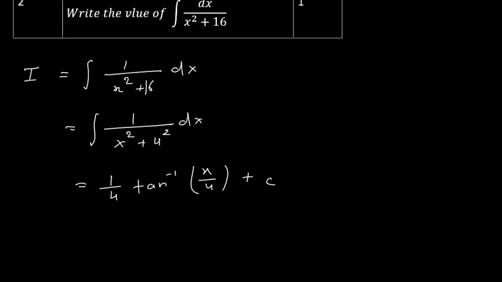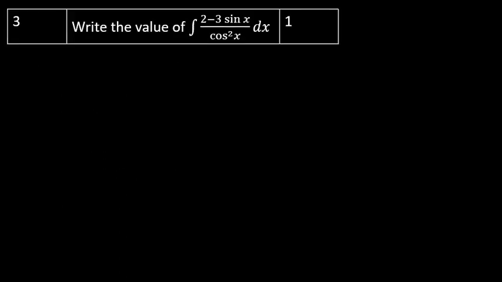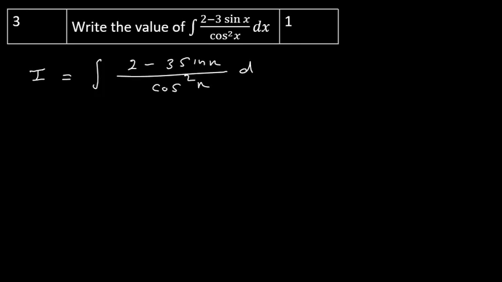Now third question, we have I is equal to integration of 2 minus 3 sin x whole divided by cos square x. So what we do here, we separate it.